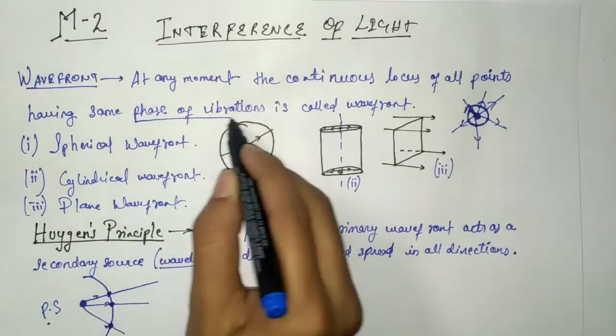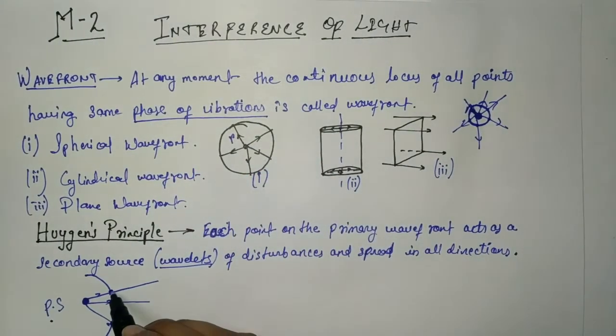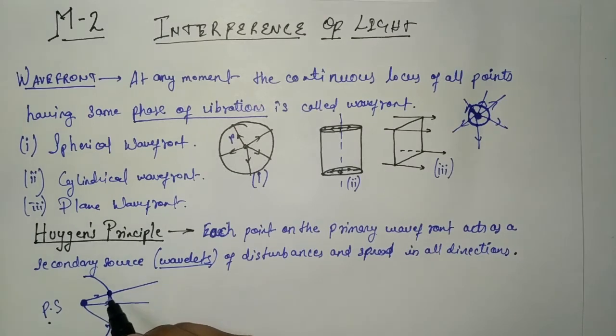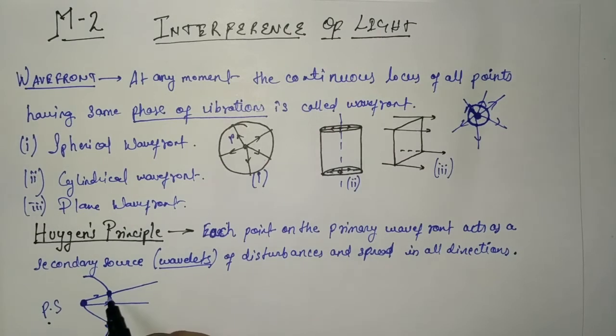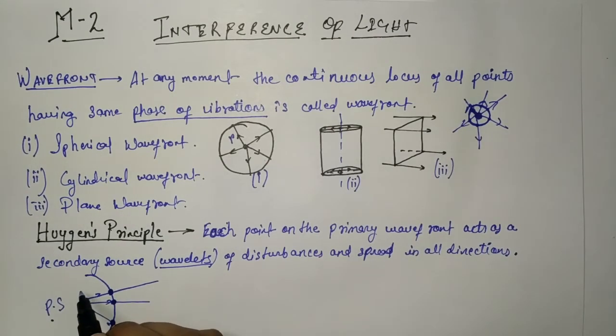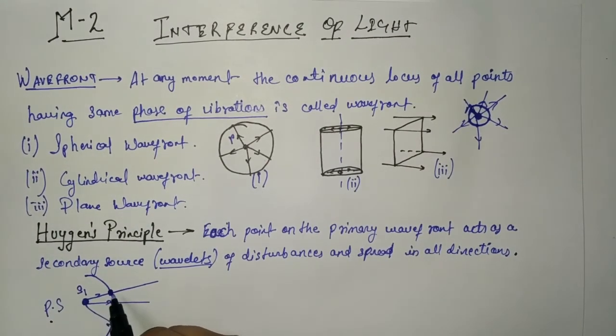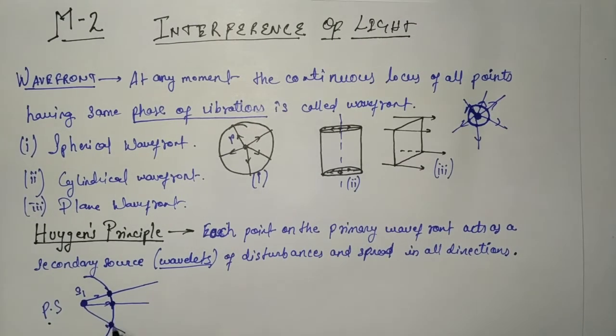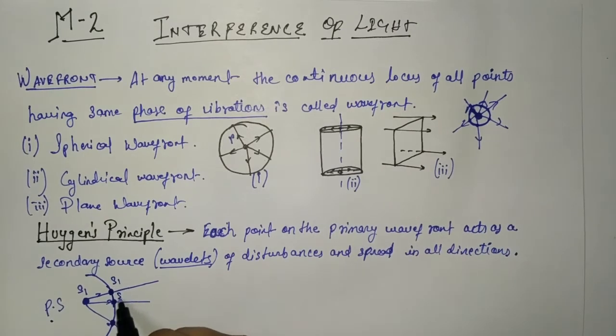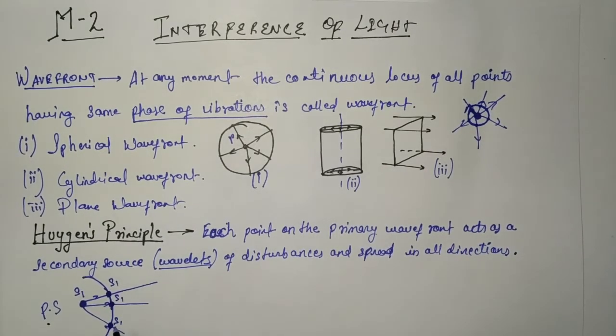According to Huygens principle, it will act as the secondary source of light. If we name this as S1, then all of these sources with the same phase of vibration will act as S1. Again, they will spread vibration in all possible directions, like this.